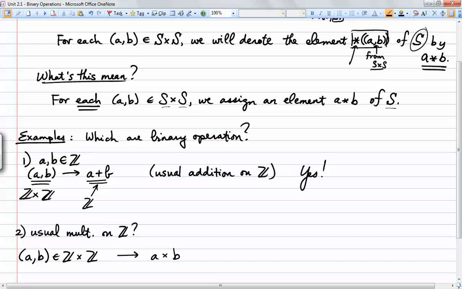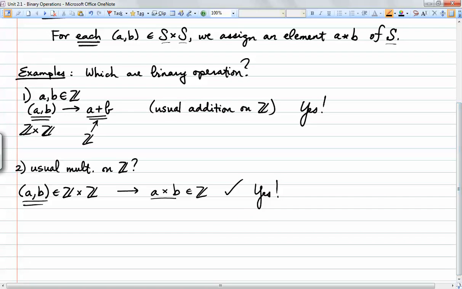A times B. So is that in Z, for any ordered pair? And the answer is yes, right? If I multiply two integers, I get another integer, A times B. And so yes, this one is also a binary operation.